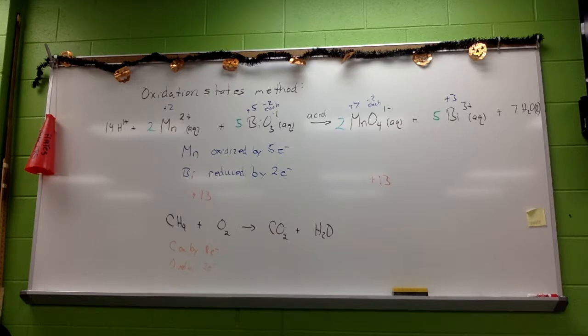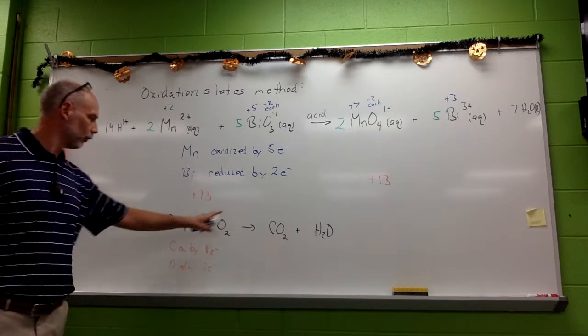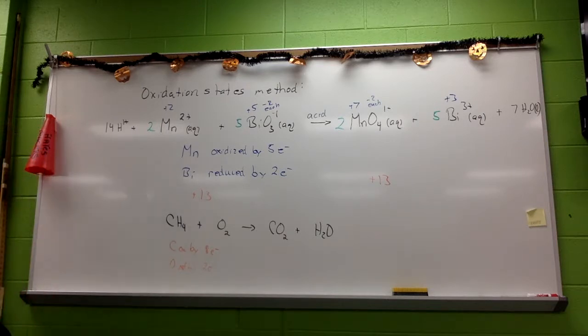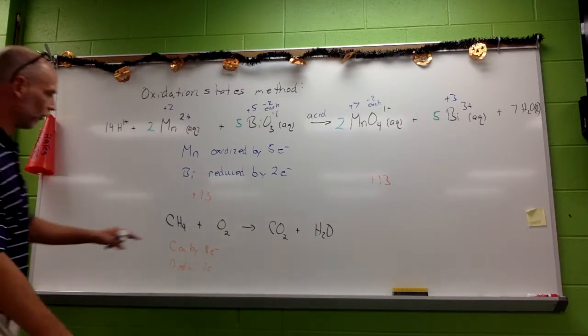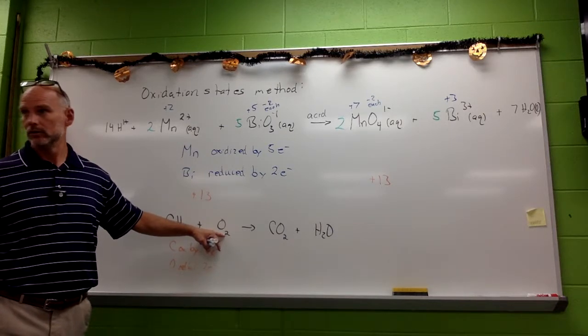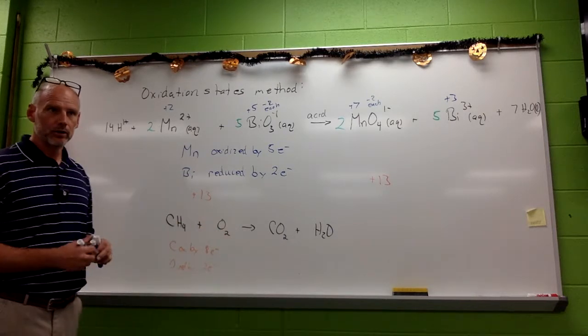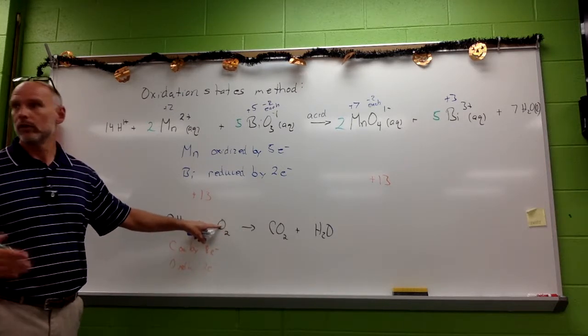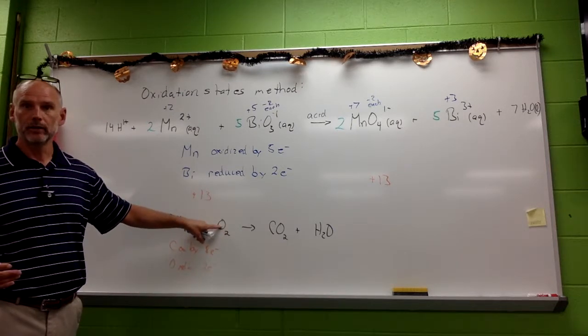Remember what the goal is: to get the electron transfer to balance. So this one carbon right here is losing 8 electrons. Therefore, all of the oxygen somehow has to account for 8 electrons. Well, each of these oxygens would end up being a -2, right?